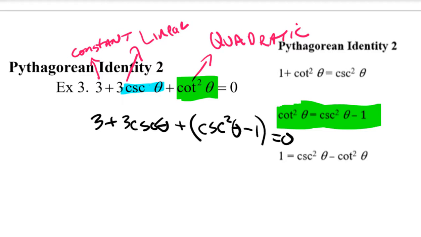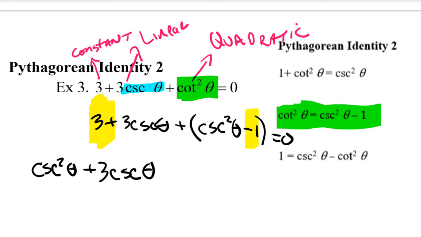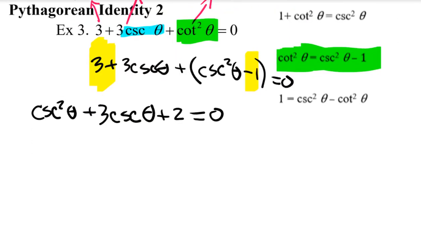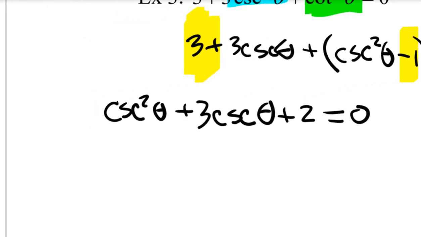Then, of course, we're going to rewrite everything in standard form. So that would be cosecant squared theta plus 3 cosecant theta. And be careful here, you've got this 3 and a minus 1 over there, so 3 minus 1 gives us 2 equals 0. From here we're just going to work with our factoring skills.